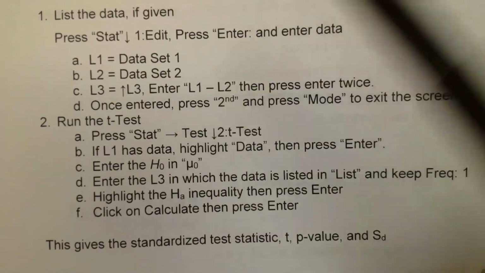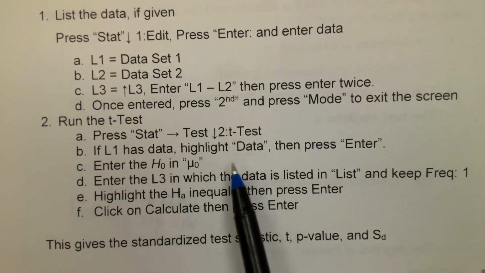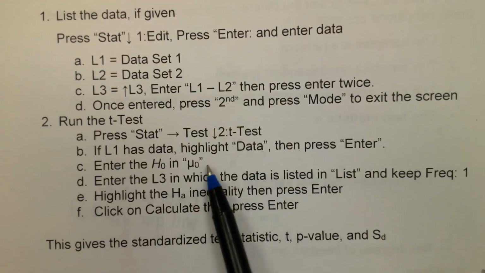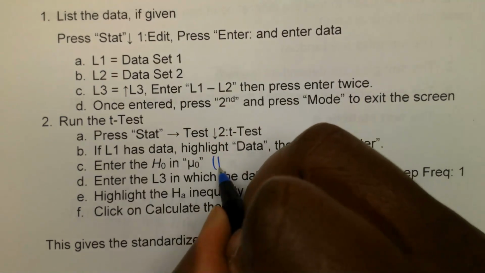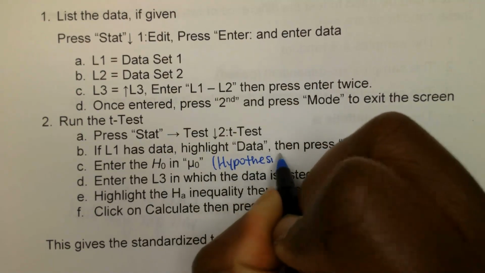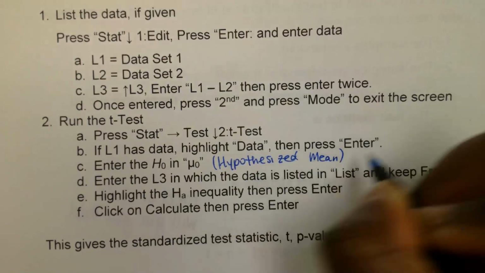Run a t-test. So stat, t-test. Highlight your data, because we're going to have data. You're going to put our hypothesized mean here. We're going to talk about how you get that mean in a minute.